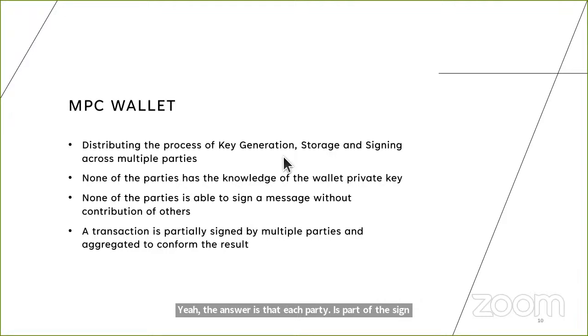So in the end, we aggregate all of the parties' partial computations together in order to confirm the final result, which is the signature. So this is what we intend from MPC wallets.